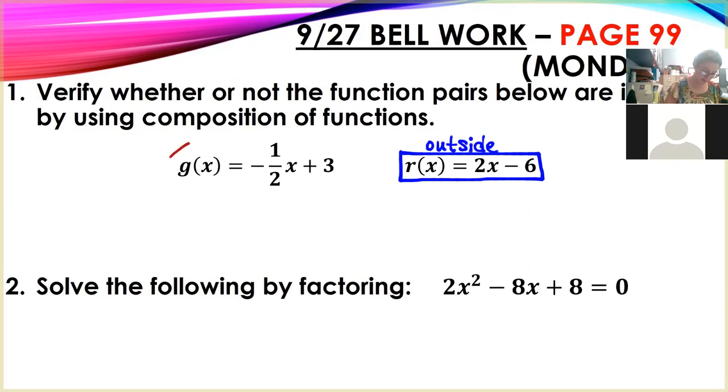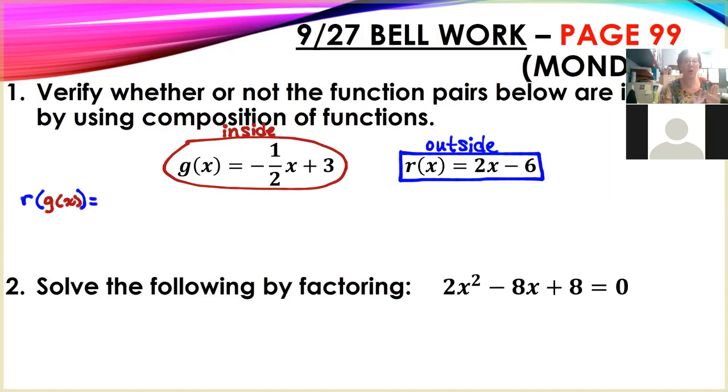And that means that I'm going to use this one as the inside function. So I'm going to have r of g of x, like this. So I'm going to recopy all of the function r of x, except when I get to the x part, I'm going to put parentheses there, just like if I was substituting a number in.